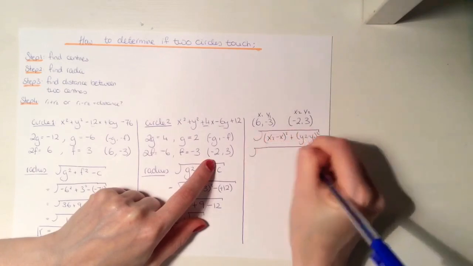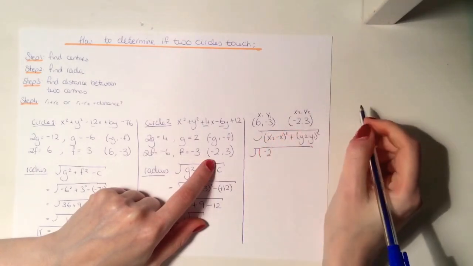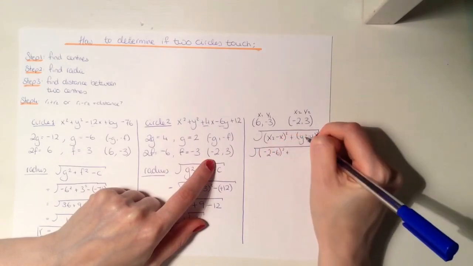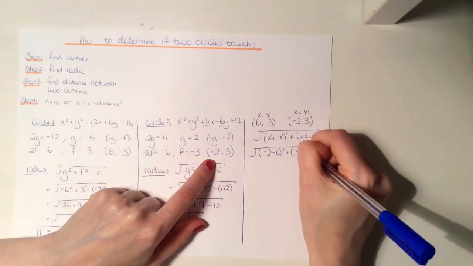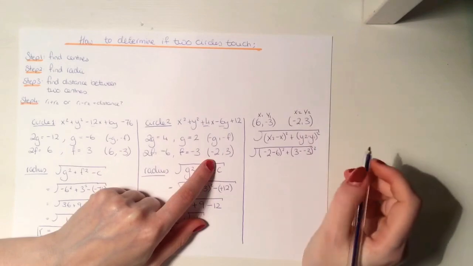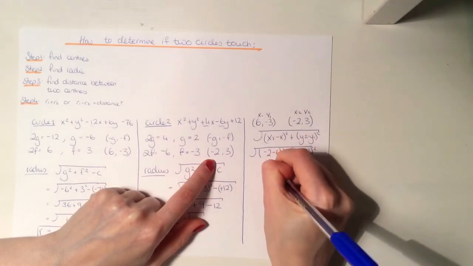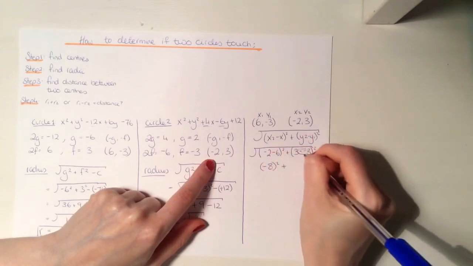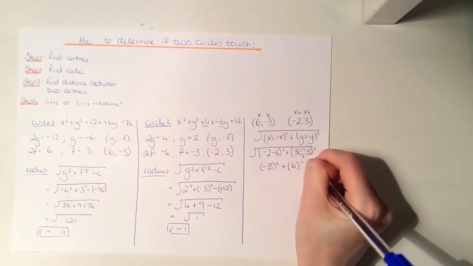Filling this out, we have x2 is minus 2, minus x1 which is 6, all squared, plus y2 is 3, minus y1, which is minus 3, squared. So careful here, that'll turn into a plus. So minus 2 minus 6 is minus 8 squared. 3, that turns into plus. 3 plus 3 is 6 squared.